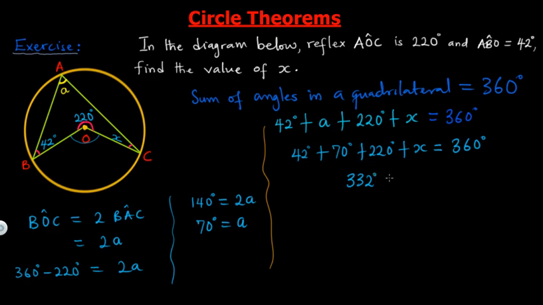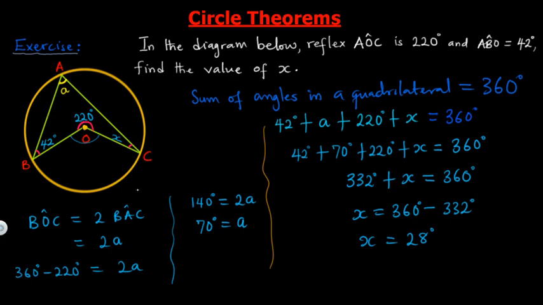332 degrees plus x equals 360 degrees. So from here we can say x will be equal to 360 degrees minus 332 degrees, which will give us 28 degrees. X equals 28 degrees.